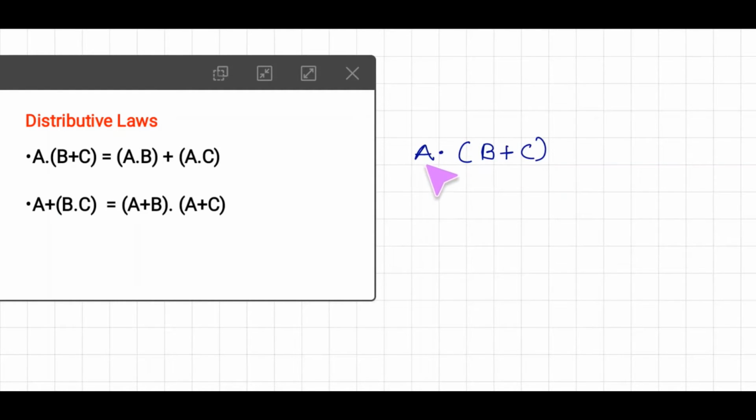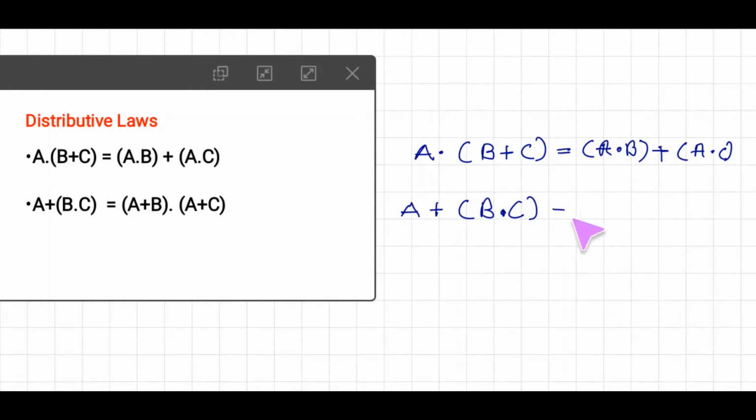A is performing an ANDing operation with B, and A is again performing an ANDing operation with C. That means A and B plus A and C. This left hand side is exactly equal to the right hand side. This way also we can write the distributive law. Similarly, when we talk about the ORing operation, A is ORed with B and C, or B dot C. The same case is there.